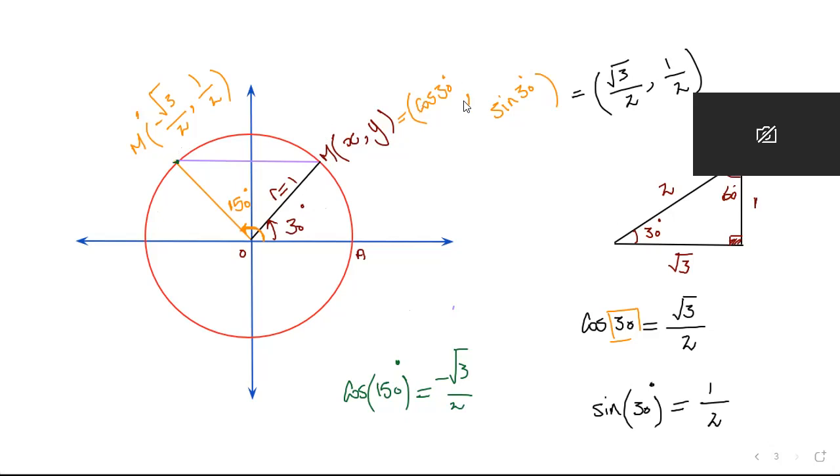Look, it's going to get even much funnier because I'm going to draw the same parallel line with respect to the y-axis. I stop right away at the intersection of this line with the unit circle, and I call this M double prime. Now, look at this.